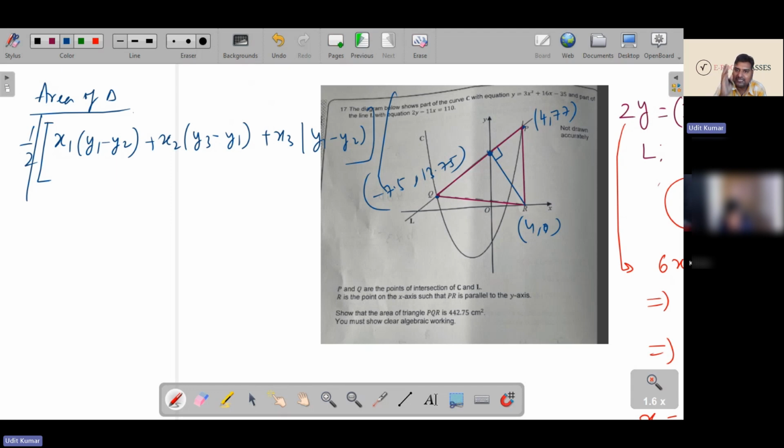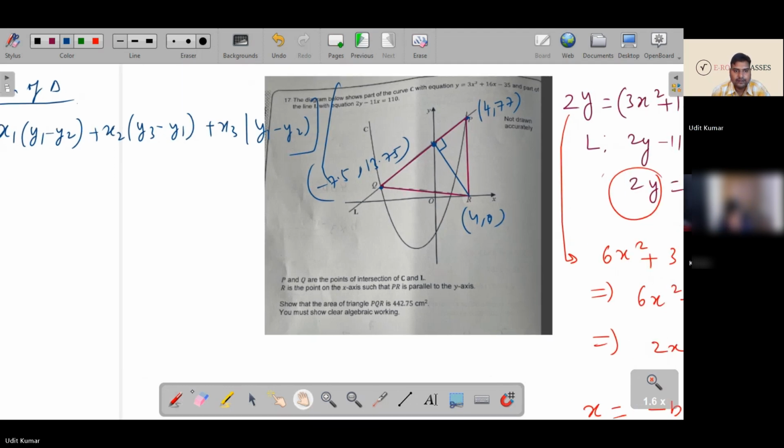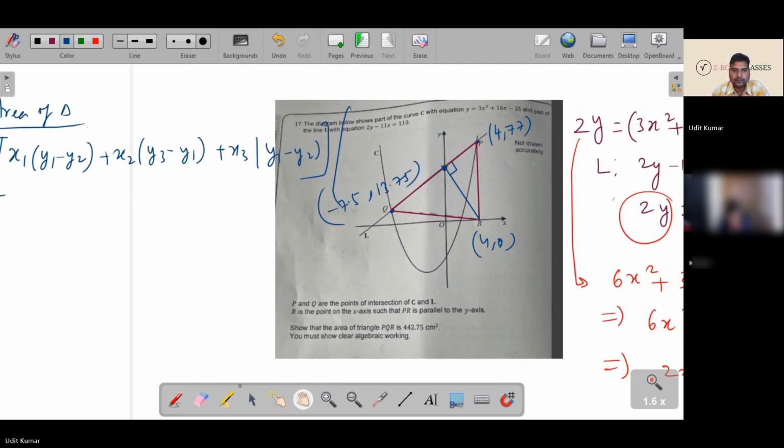Even if you get minus 5 as an answer, you will take it as 5. It is in the modulus. Now take x1, y1, this as x2, y2, and this as x3, y3.